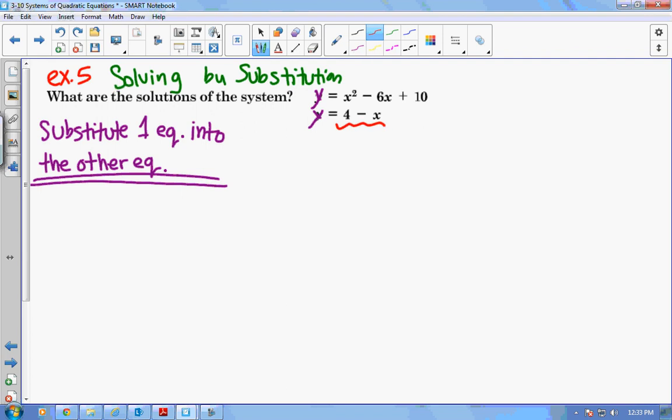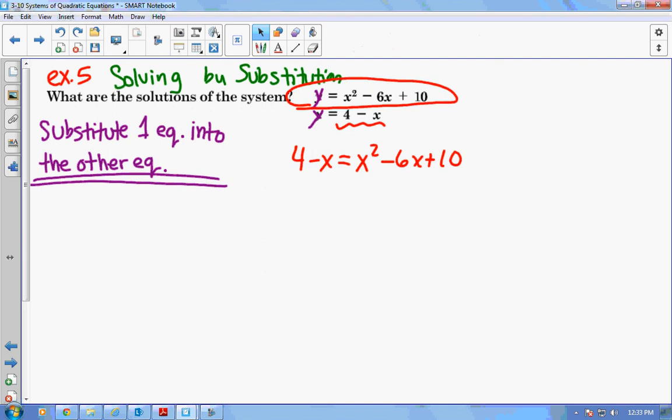So I'm going to write this top equation, but instead of the y, I'm going to put 4 minus x equals the rest of the equation, x squared minus 6x plus 10. Or you can think of it as dropping the y's and taking the x equations and setting them equal to each other. Okay? You can do this as long as it's solved for y.